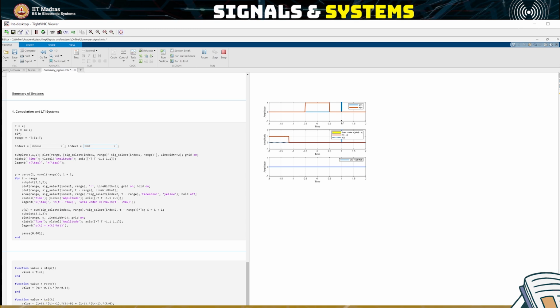So here we have an impulse at 1 second and we are convolving that with a rectangular function. Let's see what happens when we convolve these two.